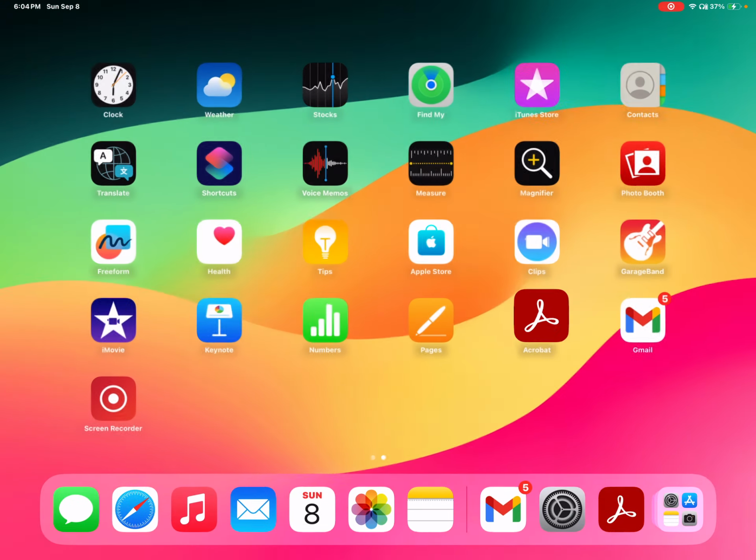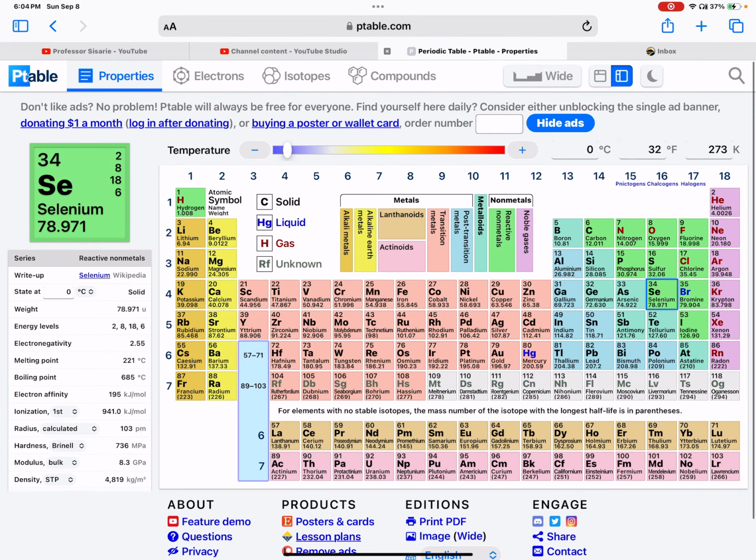What's a noble gas? Noble gas is this last column, column 18 on the periodic table. Helium is the first one, the lightest one. And these noble gases are not reactive at all, really. You have to put them under some extreme artificial conditions to get them to do anything.